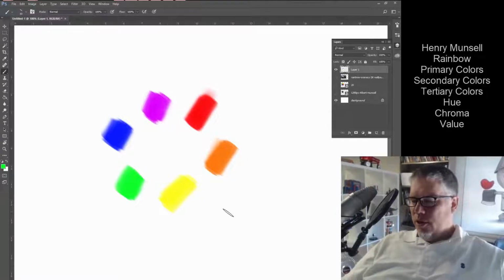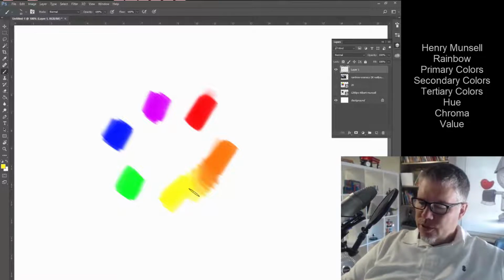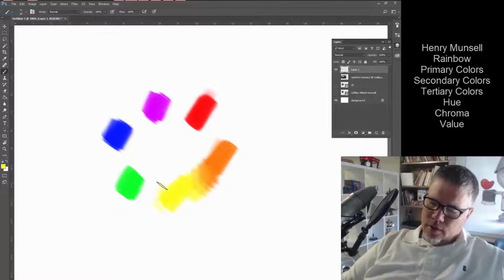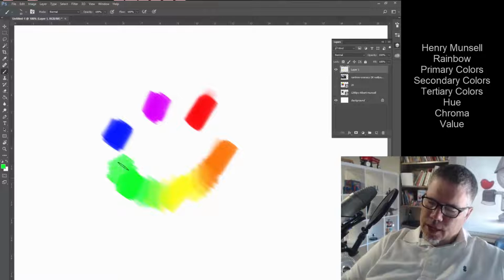And then from here, you can just mix these together. And I'm just going to pull these. You can make a color wheel with paint, which is a great exercise to do, actual physical paint. You can do it digitally. And again, this class is meant for both traditional and digital painters. The same principles apply.